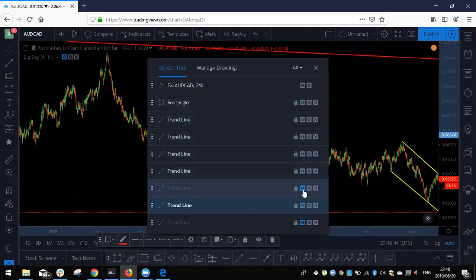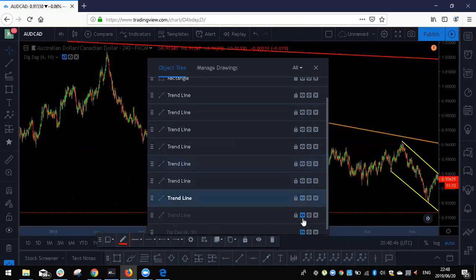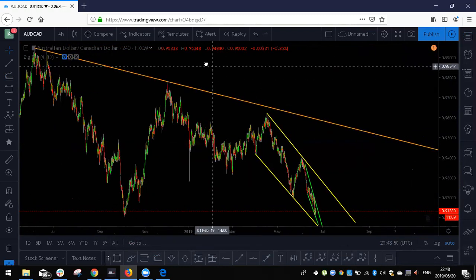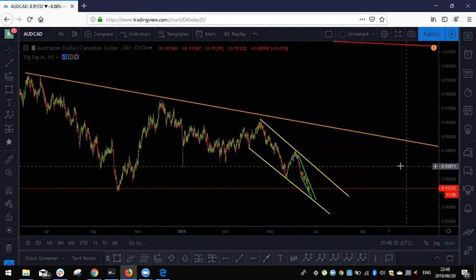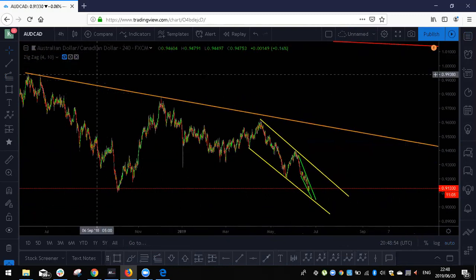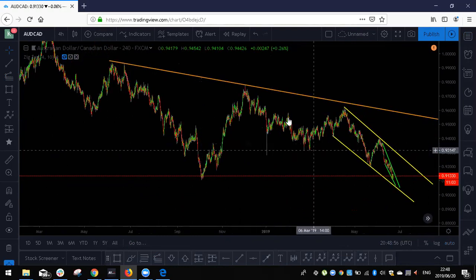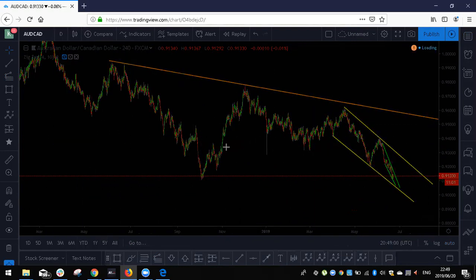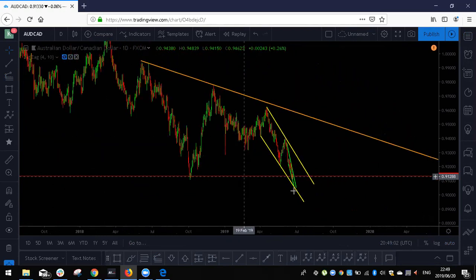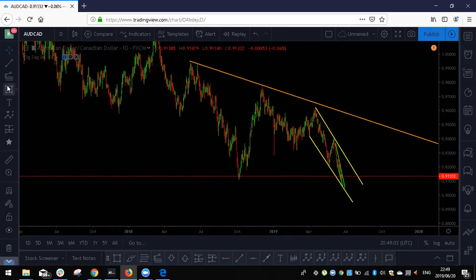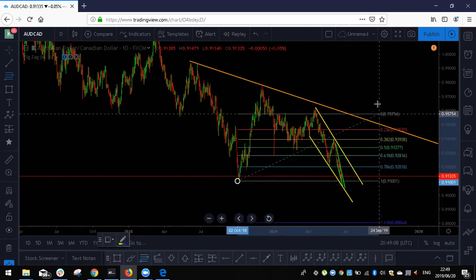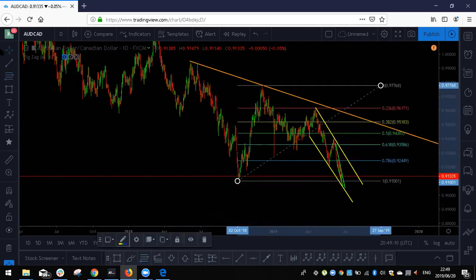But now that you understand the Elliott wave and the entry and exit strategy, I don't think it's gonna matter much. We have our trend lines like this, and I wanted to show you confluence with your support and resistance.